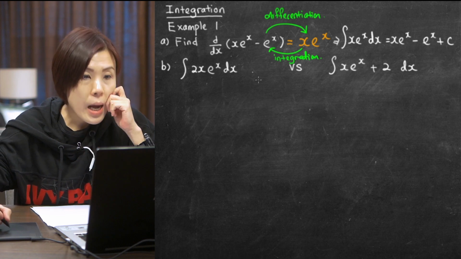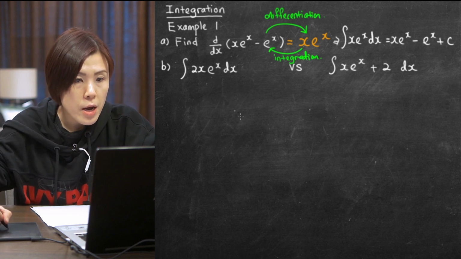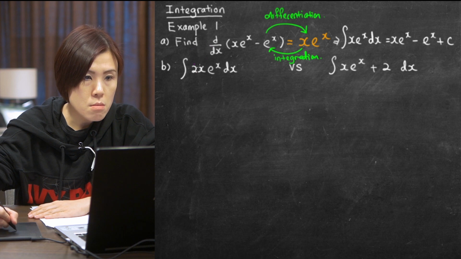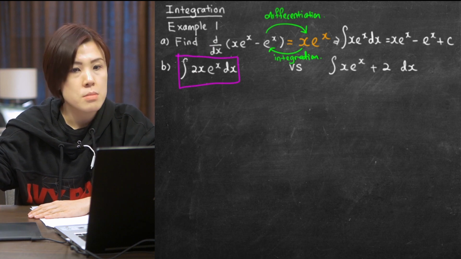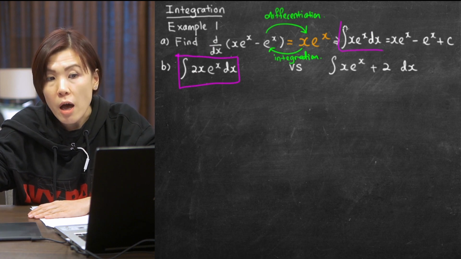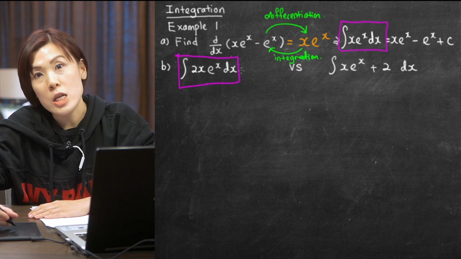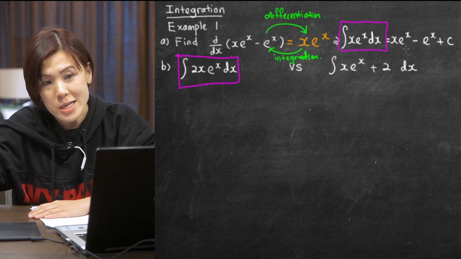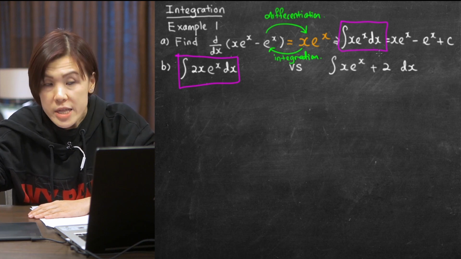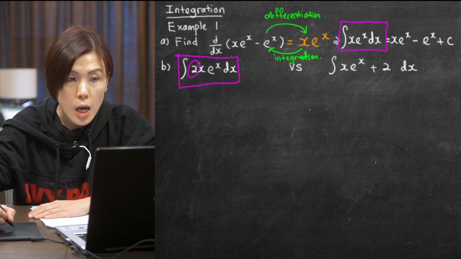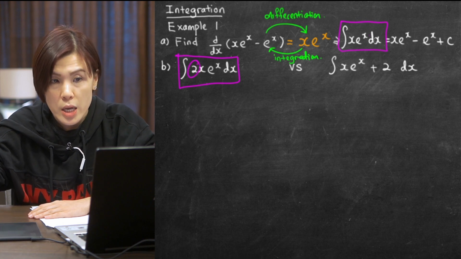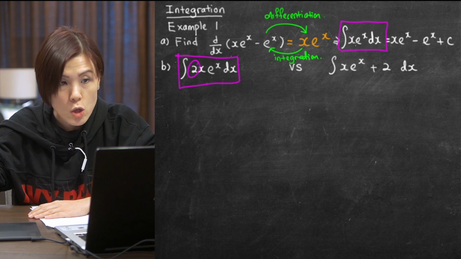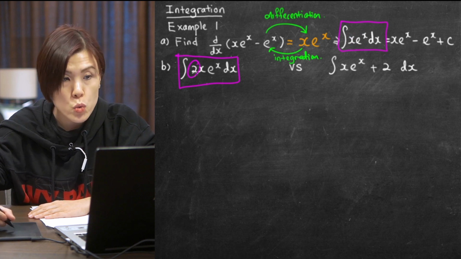Okay, so for part B, we need to compare the thing we need to find and the result that we have. The only difference is there's a 2 here, but in the result that we have, the 2 is not there. So the additional thing is the 2 here.